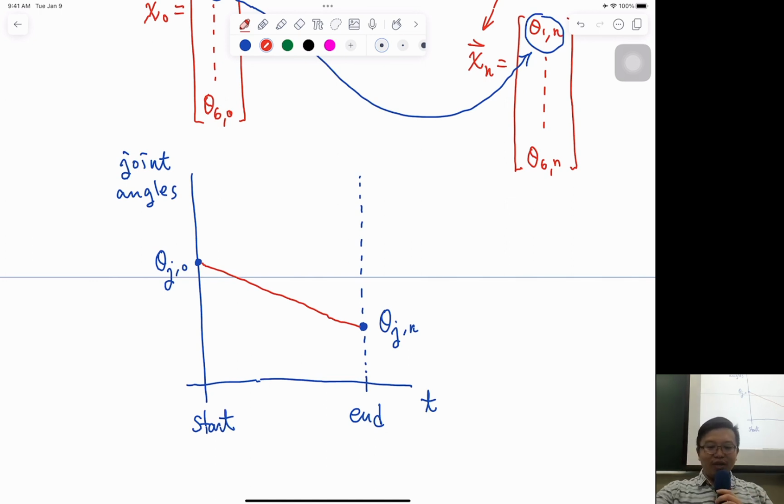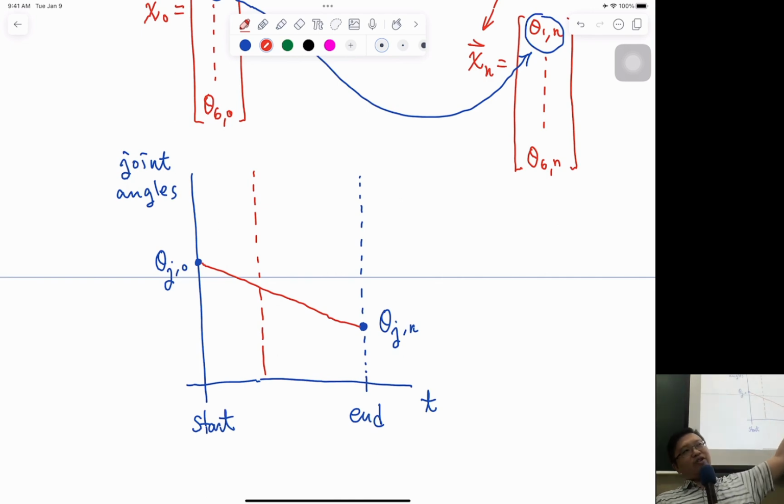However, somewhere at the middle, it's going to be some combination of all 6 angles, but you have no idea how it looks. So if you say this is a starting configuration and this is the end, you know the joint angle combination at the start, you know the ones at the end.